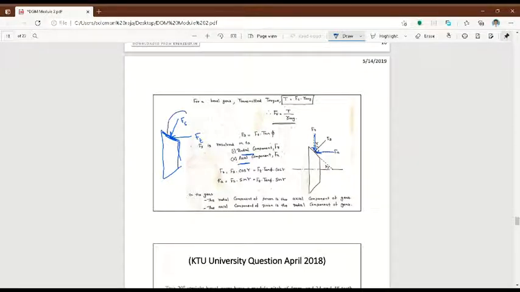This separating force is split into two components: the vertical component, which is radial, and the horizontal component, which is axial. Totally two forces are acting, Fs and Ft. Fs means separating force, Ft means tangential force. Further, Fs is separated into the vertical component Fr, the radial force, and the horizontal component, the axial force component.